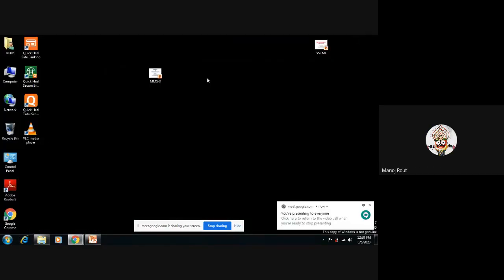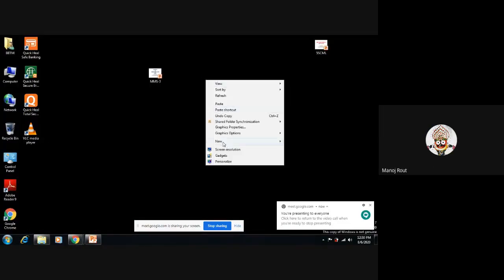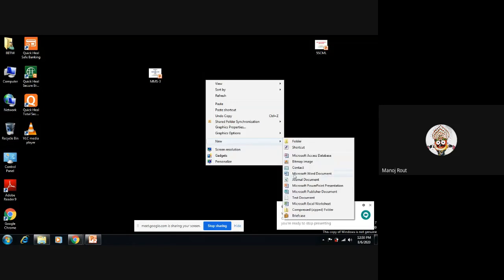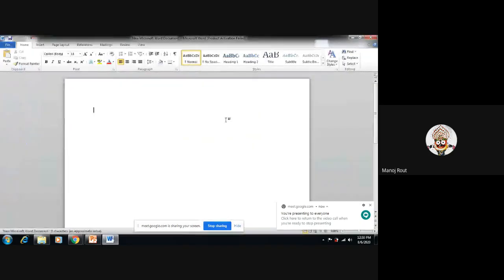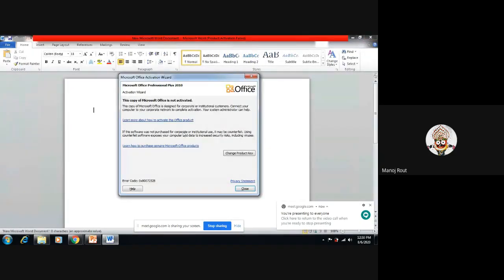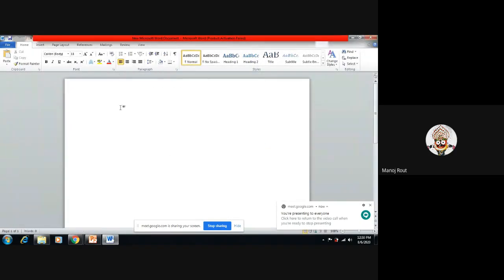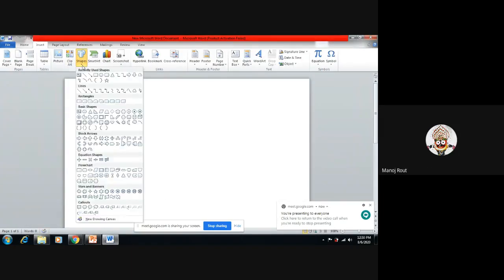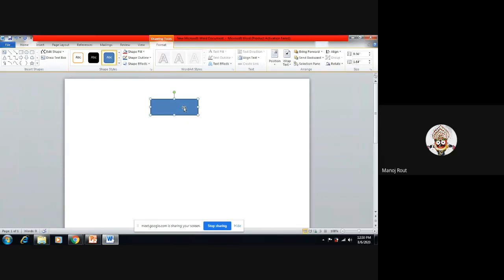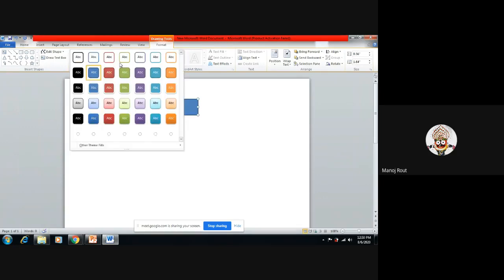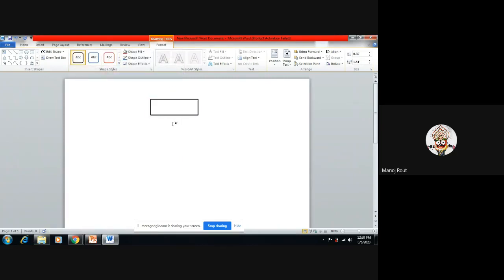Okay, so in Word, open a new document. Go to insert. The shapes are there. Choose the shapes, then click. Here you can directly choose different shapes.